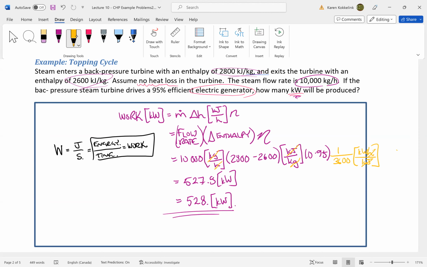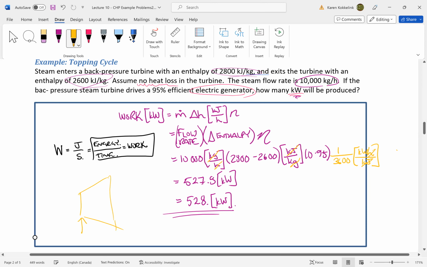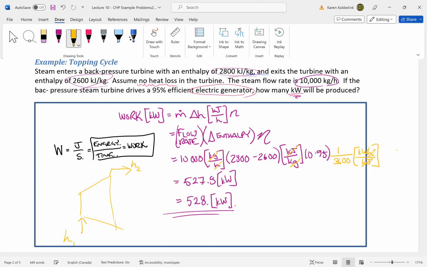Let's look at what this turbine looks like. It has steam that enters the turbine and then exits the turbine with an enthalpy in and an enthalpy out. And we would draw that as an insulated turbine with heat loss Q out equals 0.